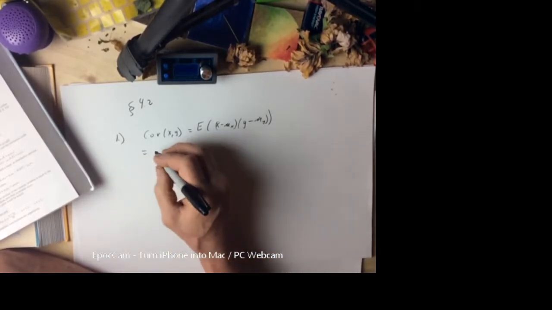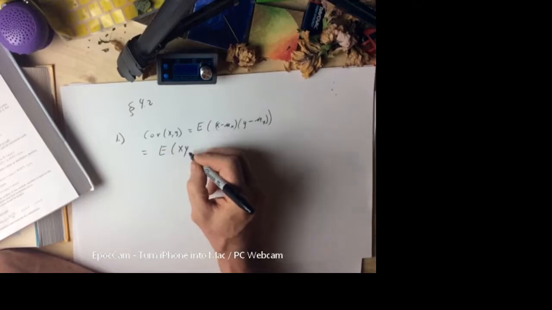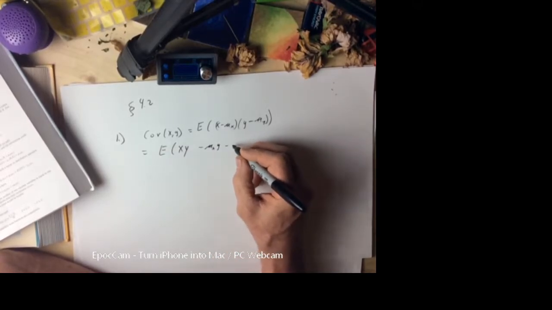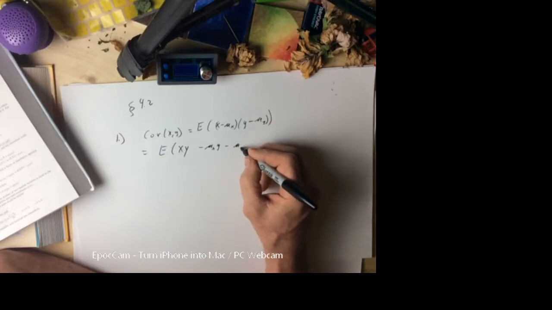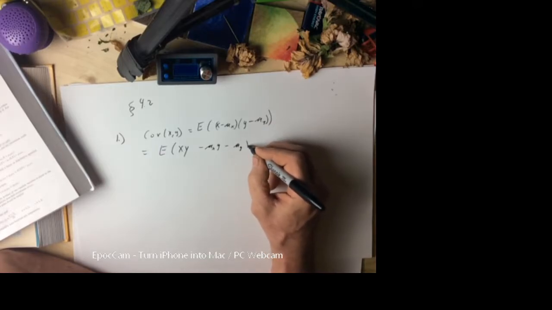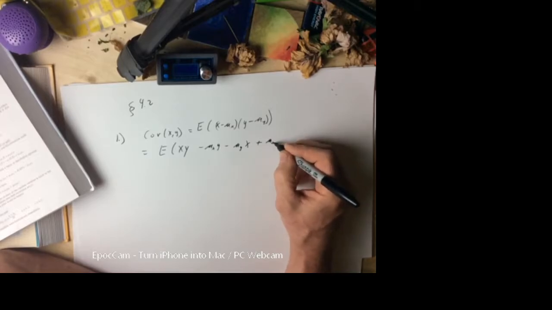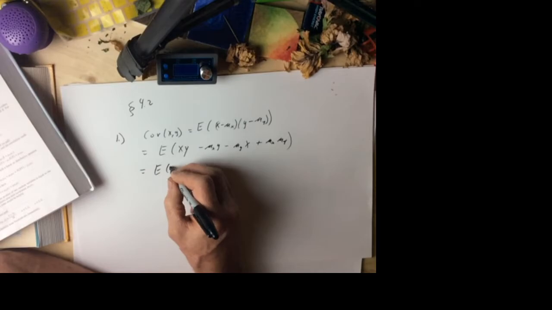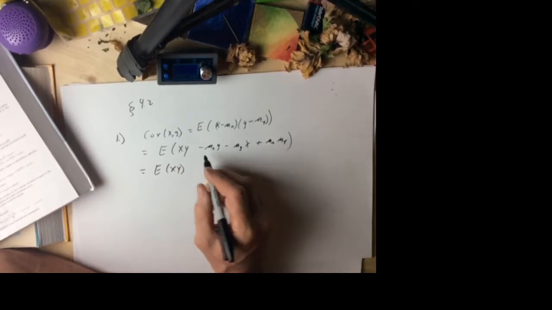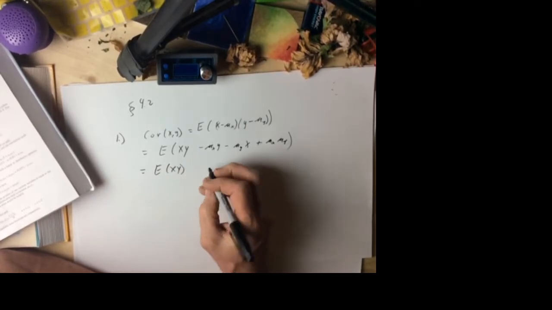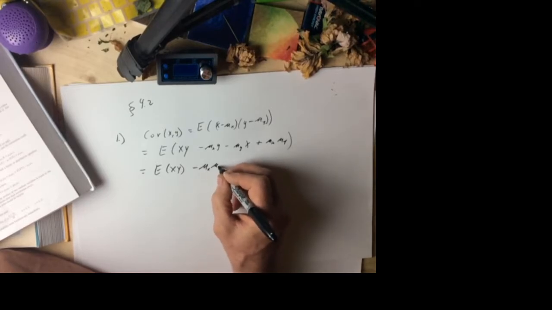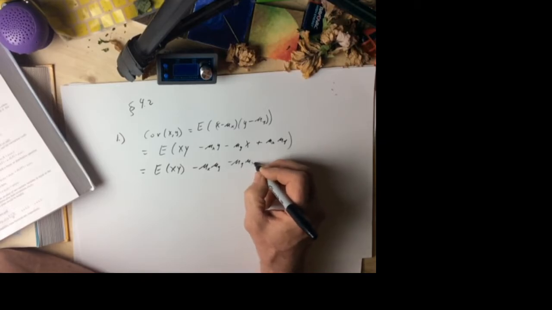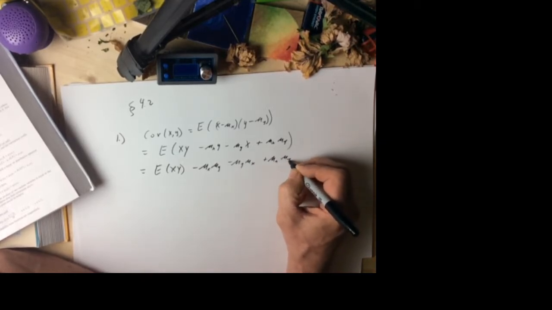Now, the linearity of this operator says that after multiplying this out, we can just do the pieces parts. The expectation of xy, minus mu of x times the expectation of y, which is mu of x, mu of y, minus mu of y times the expectation of x, which is mu of y, mu of x, plus mu of x, mu of y.